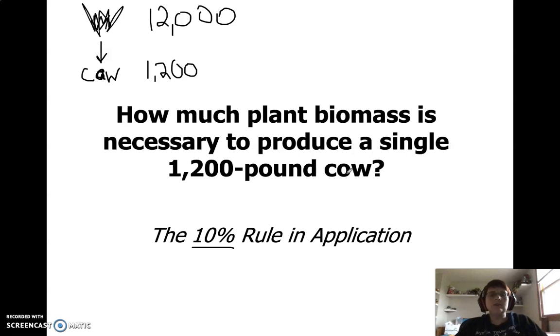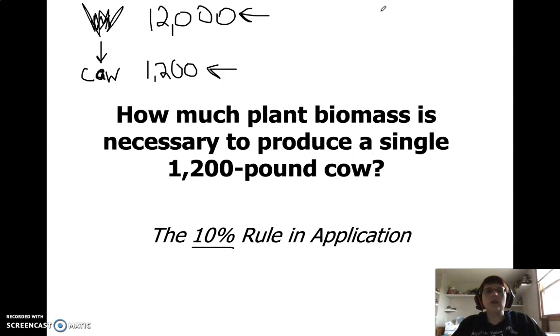So why does this matter? Why do we care? This is actually one of the reasons why people are talking about going to vegetarianism, having people eat more plants, because we can feed a lot more people on plants than we could on cows. Because let's think of it, instead of in pounds, as numbers, okay?